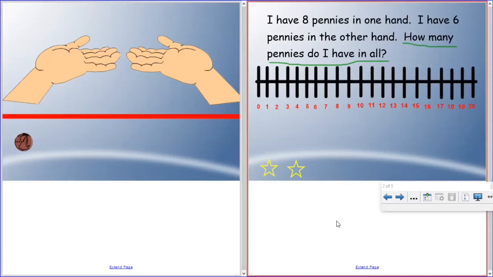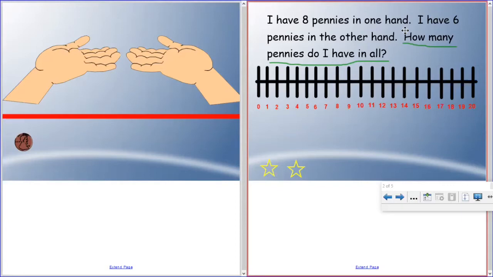Now let's go line by line and visualize. Remember, visualizing is when you make a picture in your mind. Let's read the first sentence. I have 8 pennies in one hand.